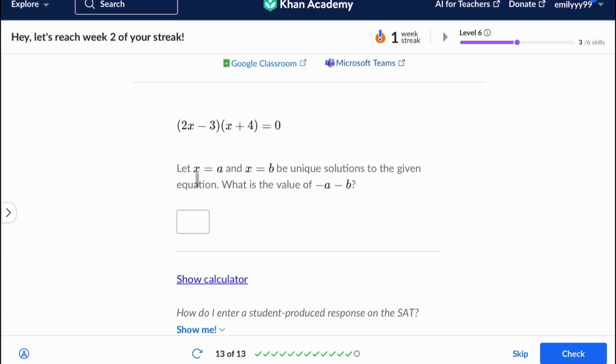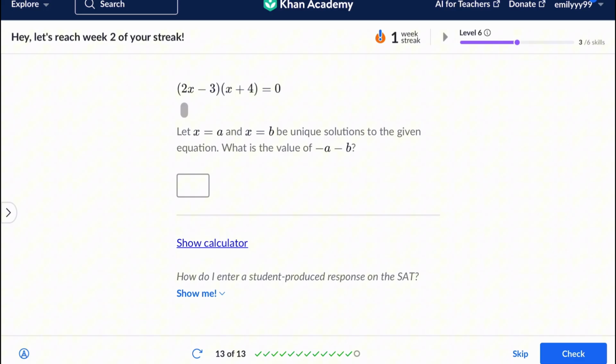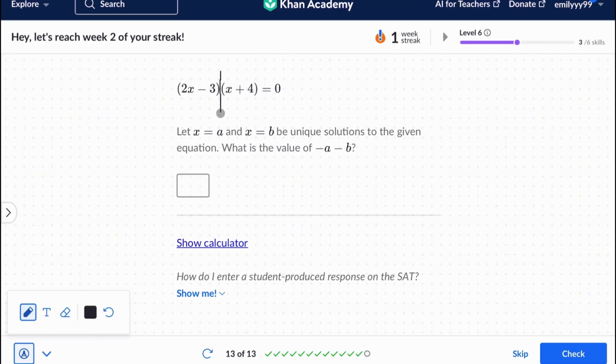Let x equal a and x equal b be unique solutions to the given equation. What is the value of negative a minus b? So x is equal to a and it's also equal to b. This problem here is a quadratic, so it's going to have two solutions. So put that into the calculator or just solve here. We can divide this because it's two solutions.